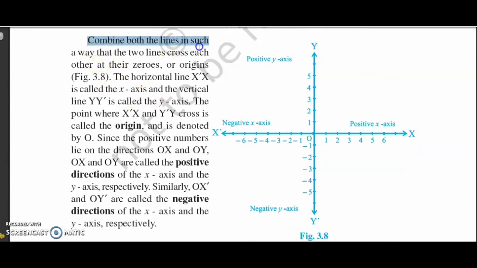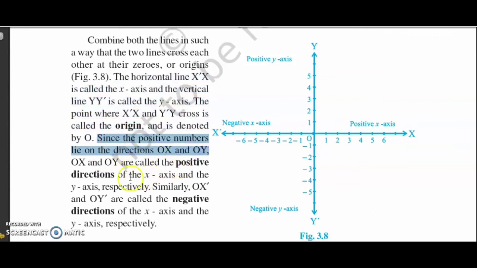Combine both the lines in such a way that the two lines cross each other at their zeros. You can find that both the lines cross each other at zeros, which is known as the origin. The horizontal line x dash x is called the x-axis and the vertical line y dash y is called the y-axis. The point where they cross each other is called the origin, denoted by O. And we have to think about the positive and negative directions.